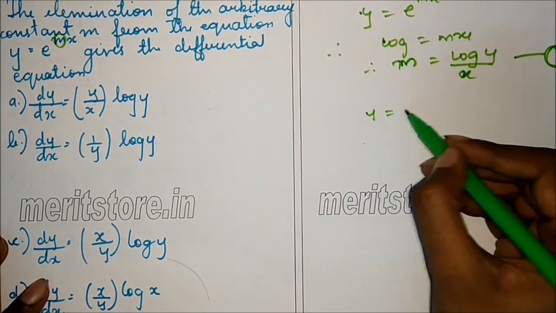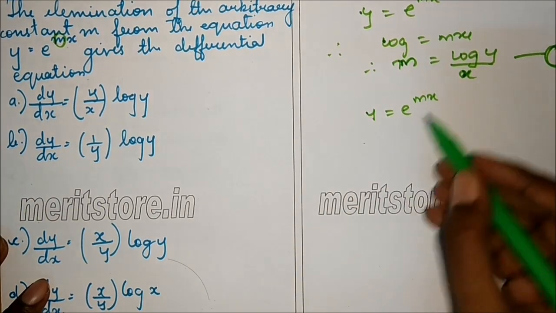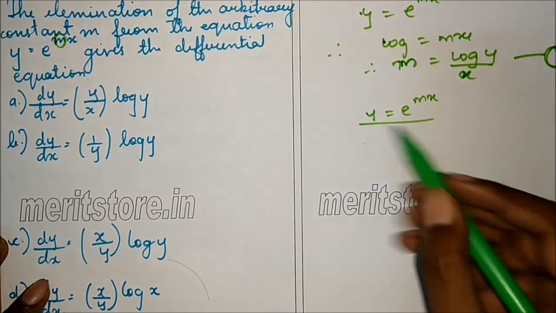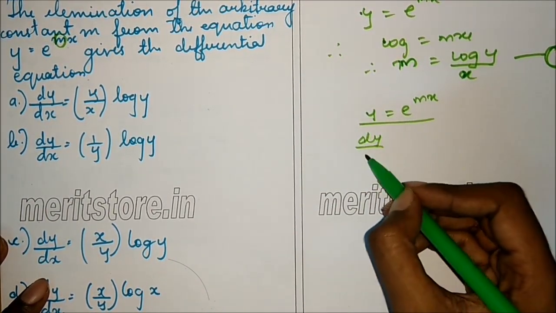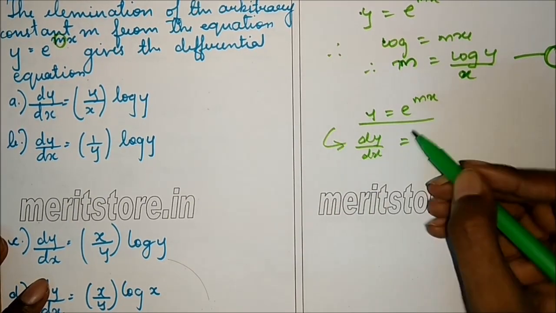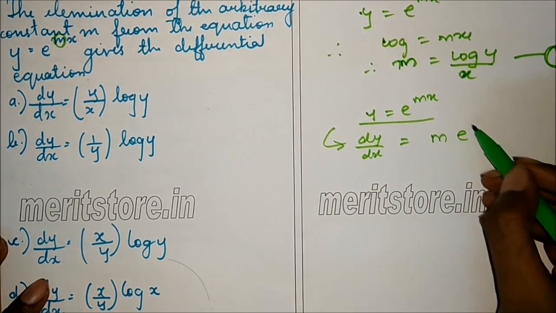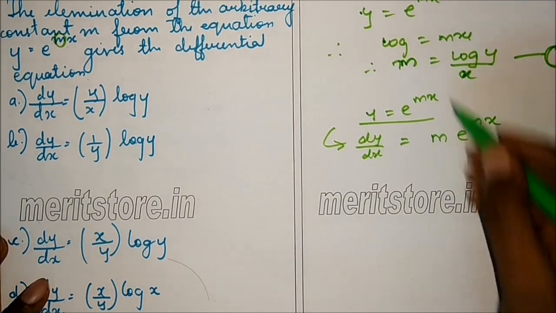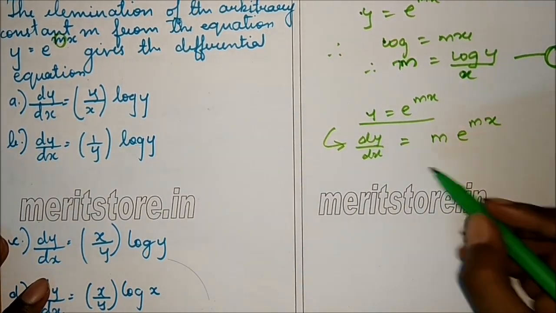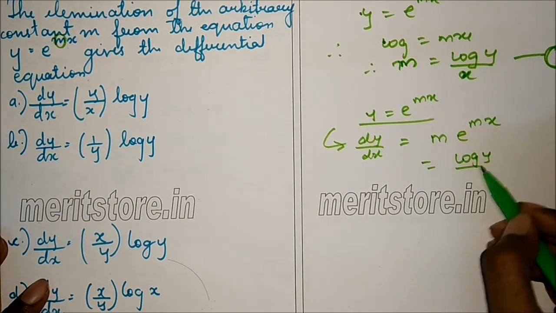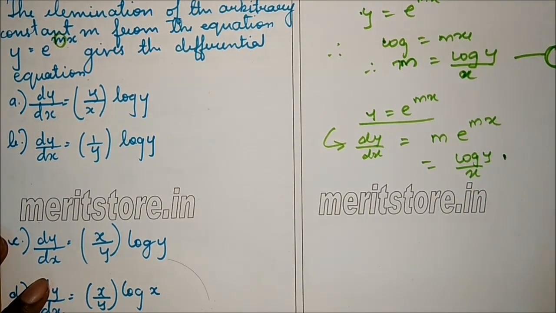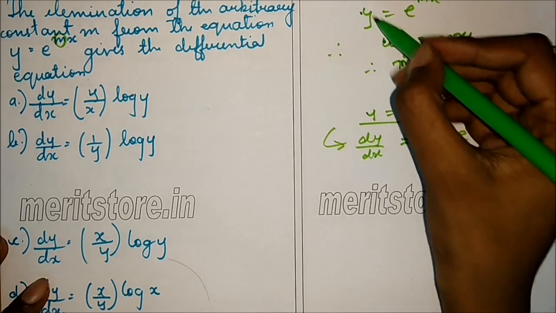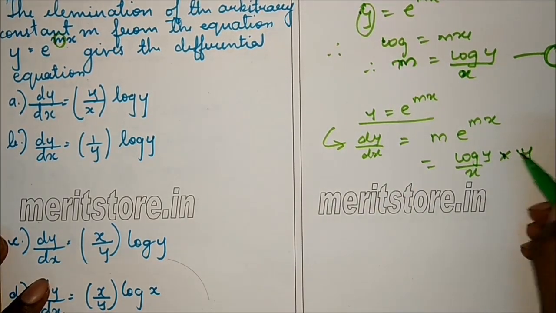Again y equals e raised to mx. Now we differentiate this to get a differential equation. So dy by dx equals m e raised to mx. Now we know that m is log y by x, so this will be log y by x into, now e raised to mx is y, so we'll write this as y.